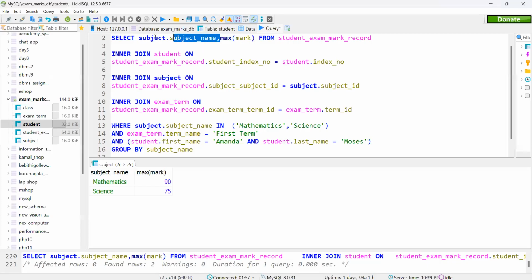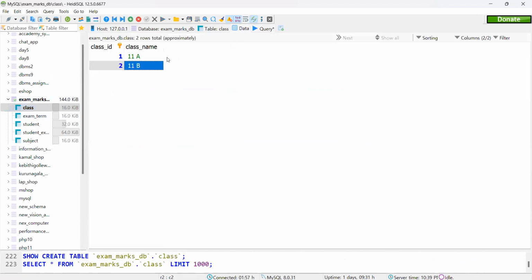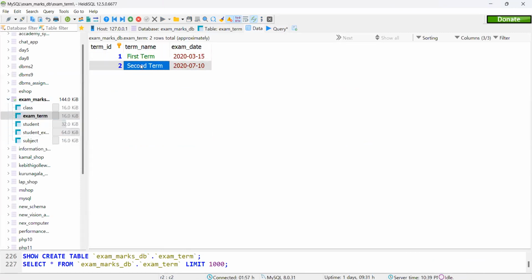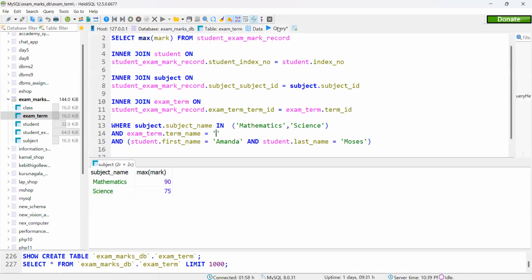We have maximum mark, then subject name, we don't need that one. First term, we have to change this to second term.